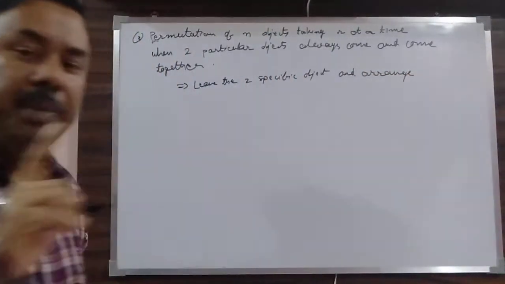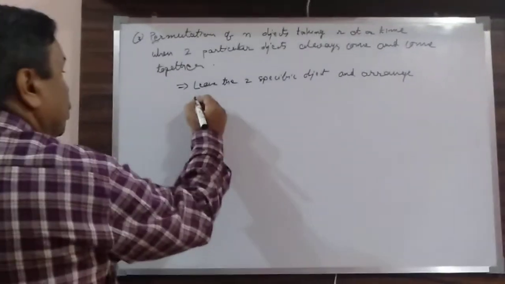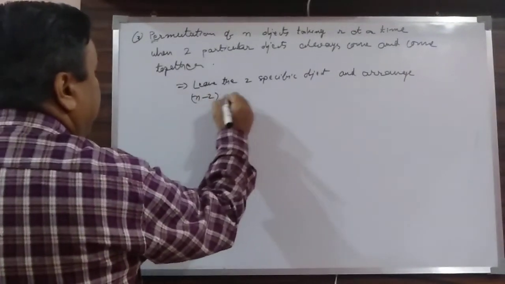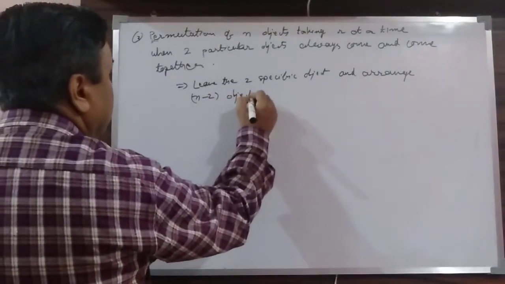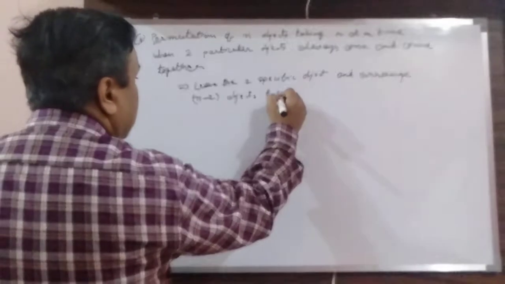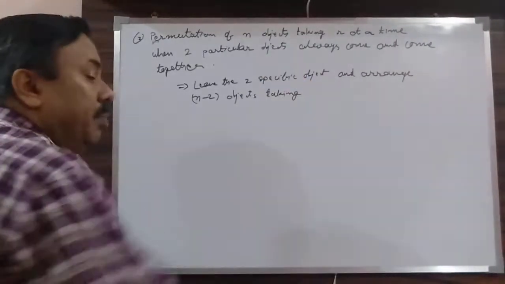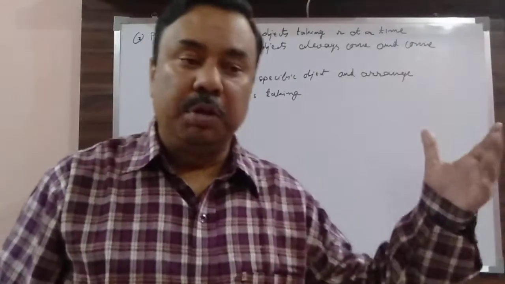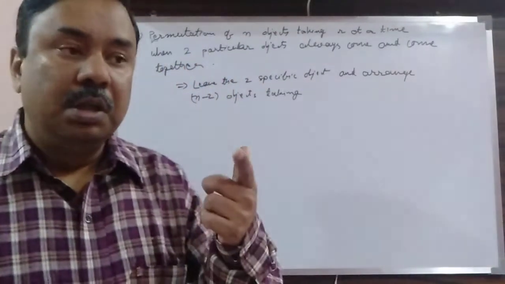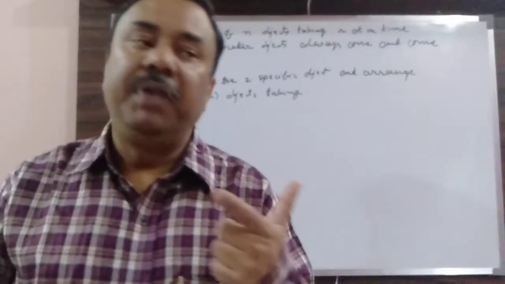How many objects are remaining now? n minus 2 objects. How many can you take? Because you have to keep two places vacant, all r places cannot be filled.